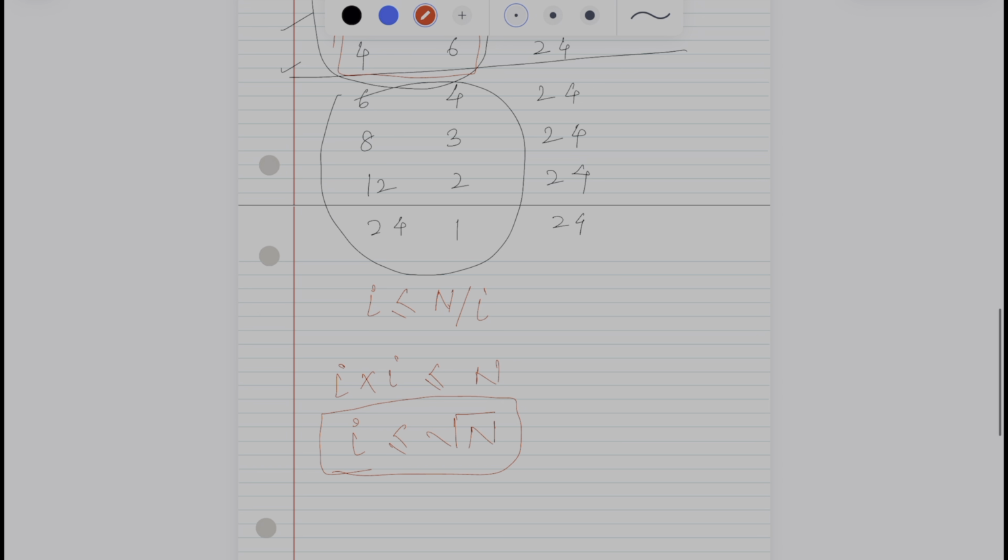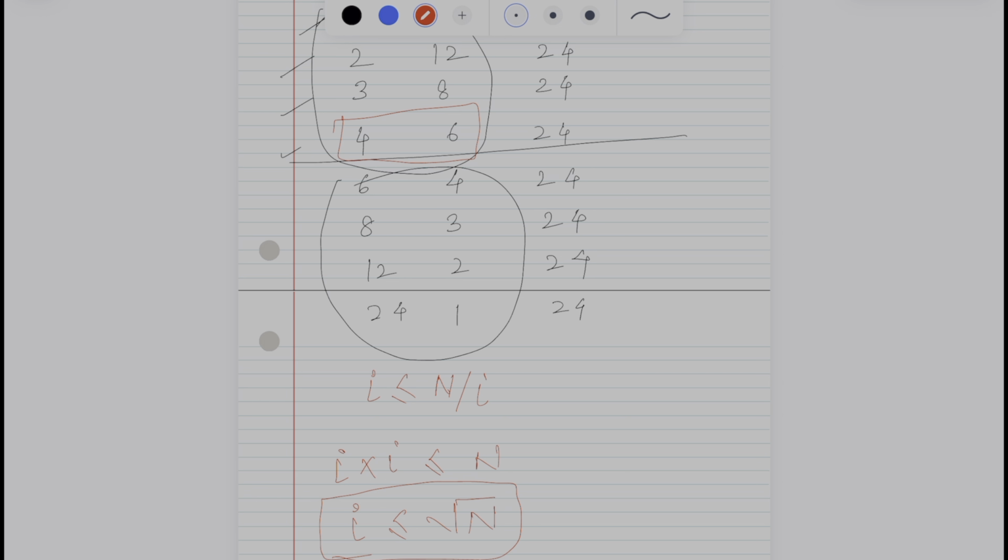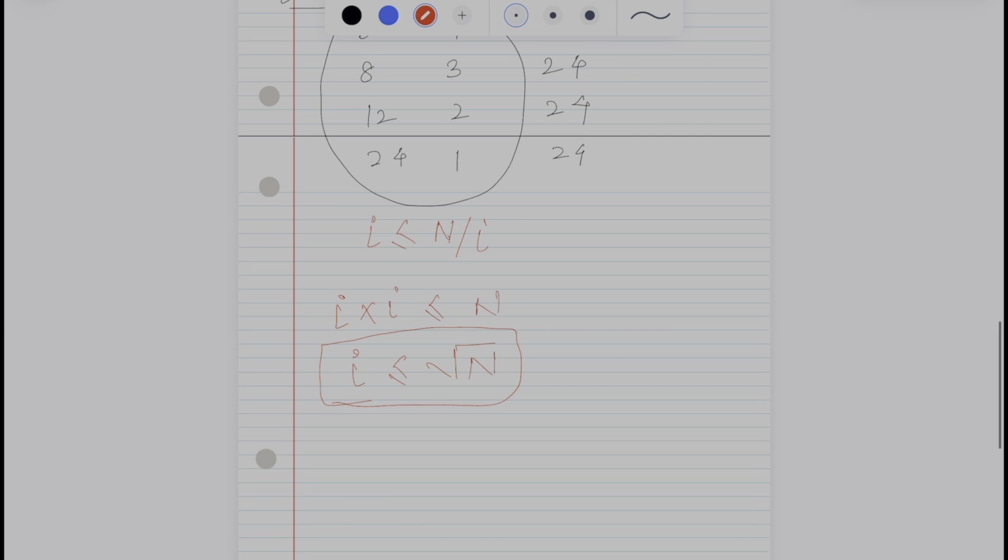So if i is increased beyond n by i, then we conclude that the factors are repeating. So after solving this equation, we found that i must be smaller than or equal to root of n.